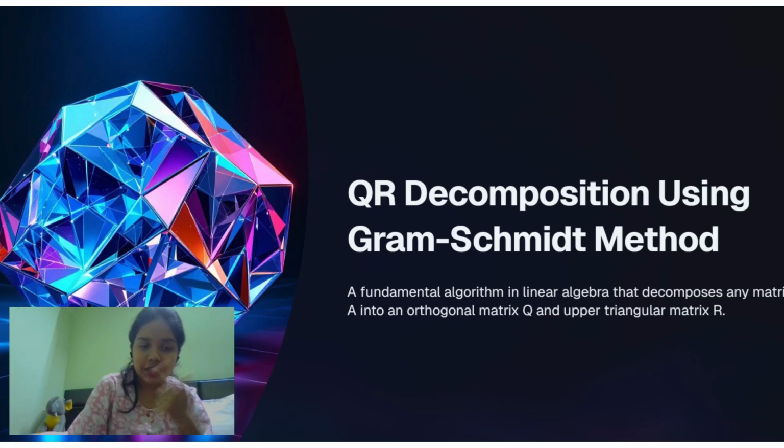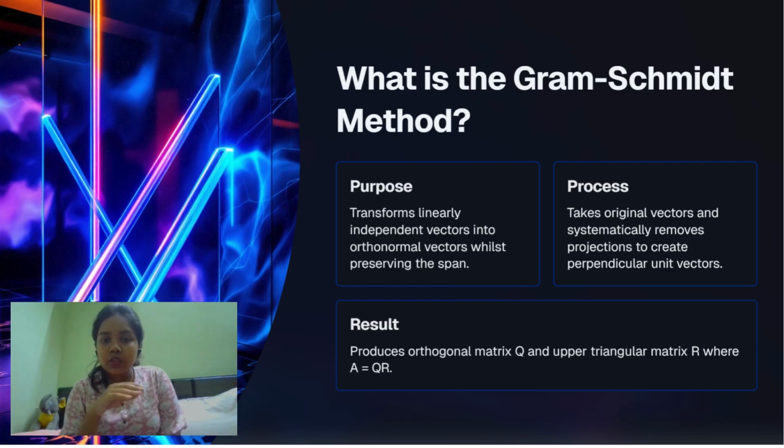Okay, so next slide. Now let's understand what the Gram-Schmidt method actually is. The main purpose of this method is to transform a set of linearly independent vectors into a set of orthogonal vectors. That means all new vectors are perpendicular to each other and each has a unit length, while still preserving the original span of the vectors.